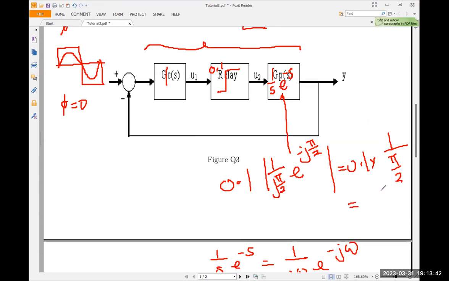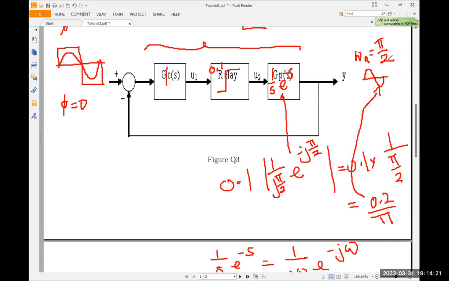So everything, you will get 0.2 over pi. So that would be the amplitude of y. So you're expecting a frequency here of this. Okay, so that is question A.